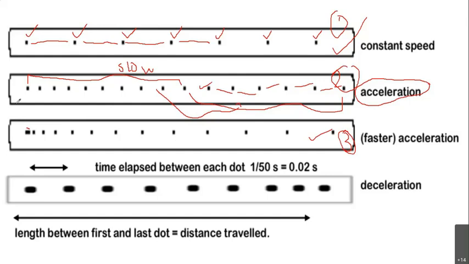Now, how can we tell the speed of the object by just looking at the tape? What do we need to know to calculate an object's speed? What's the formula for speed? Exactly. We need to know distance and we need to know the time.